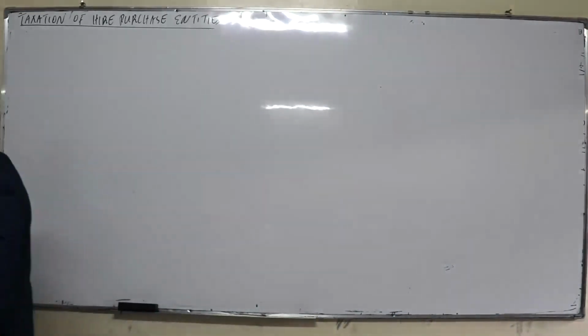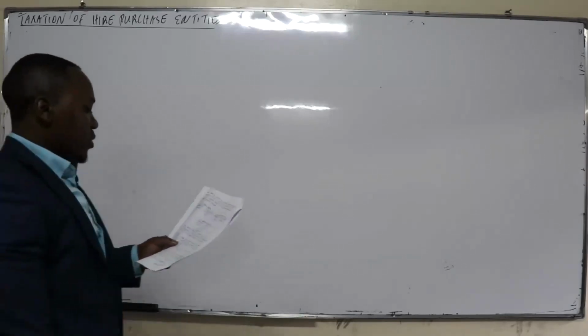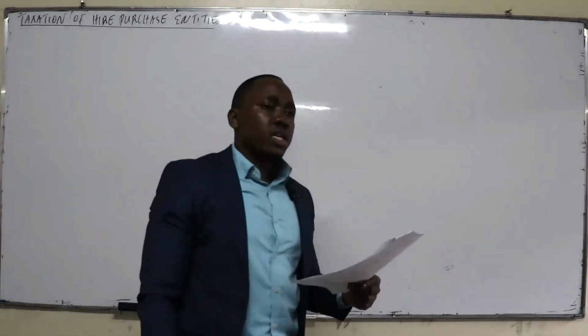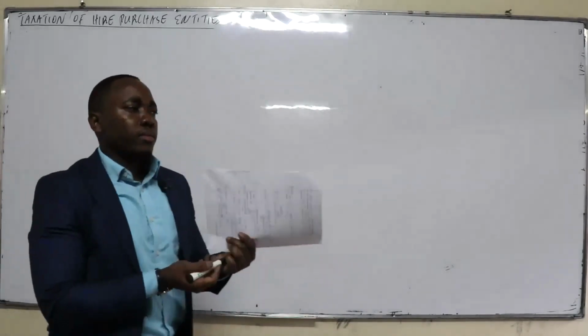We are told that the following information was presented to you by the management of Maripo Pole Enterprise Limited. The company deals in the sale of photocopier machines on hire purchase terms. The company purchases the photocopier machine at 60,000 each. So that's the cost.